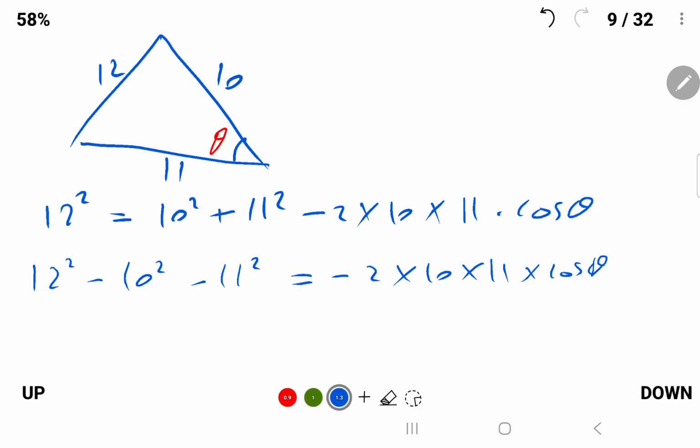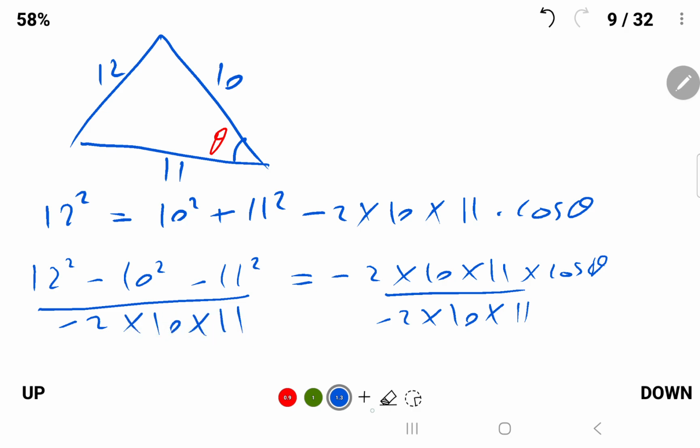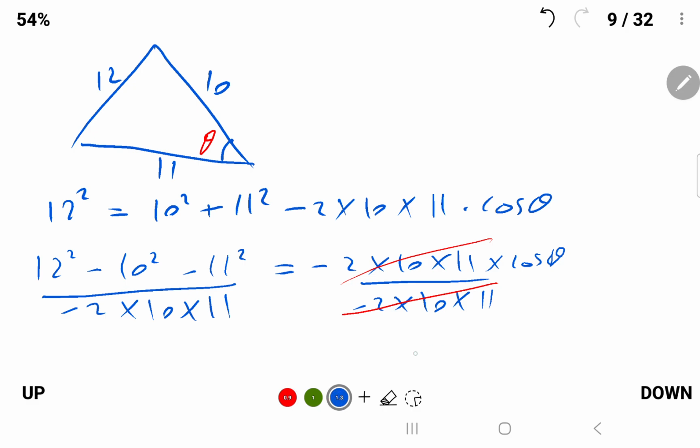Next step, we divide both sides by this amount, which is the coefficient of theta. So negative 2 times 10 times 11, negative 2 times 10 times 11. Now cancel these. Cosine theta has become now the subject on the right hand side. Cosine theta is equal to this amount, 12 squared minus 10 squared minus 11 squared divided by minus 2 times 10 times 11.